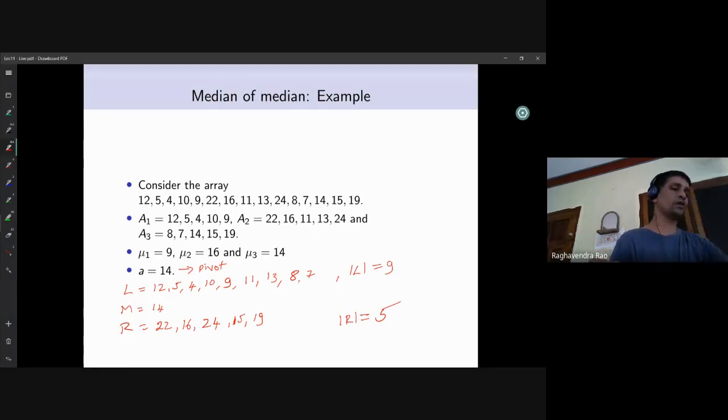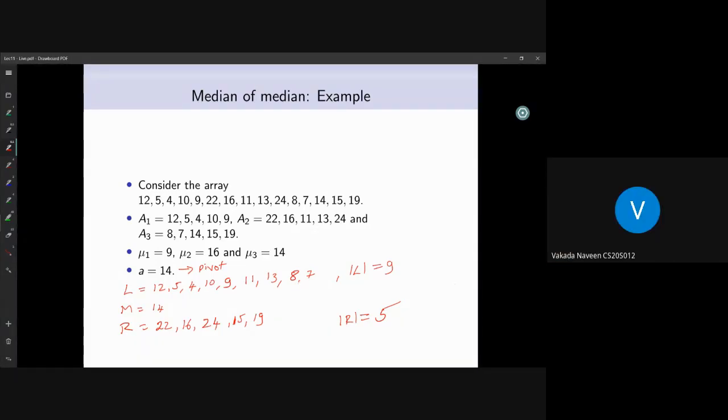Now, depending on the value of K, say K was 5. What would the recursion be on? On L, right? If K is 11, the recursion will be on R. What is the rank of the median of medians, which is 14?